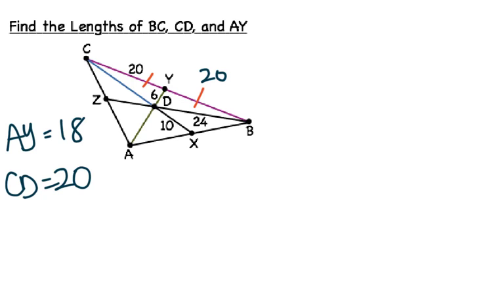So BC would be the whole thing, which would be 40, because 20 plus 20 is 40. So there's a lot of applications that you need to be able to use, and it's hard to remember everything. But if you practice enough, it'll come back better. So we're going to do a lot of practice problems.